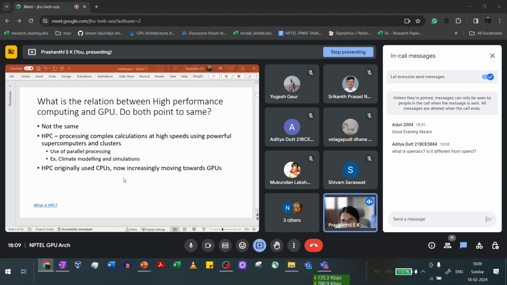Before we move to the next one, the other question I got was, what is the relation between high performance computing and GPUs? Do both refer to the same thing? HPC is used in two contexts, right? One while referring to a particular application or workload, and the second is the compute infrastructure itself.